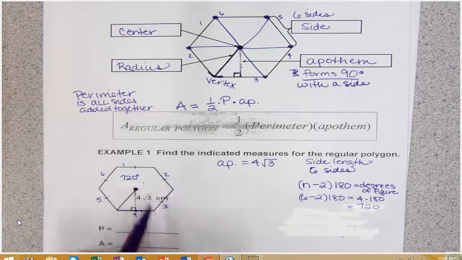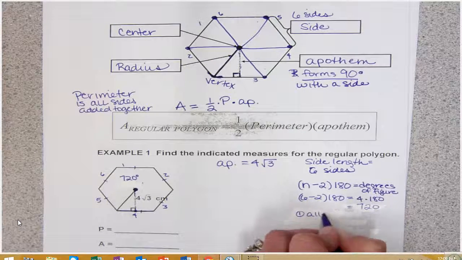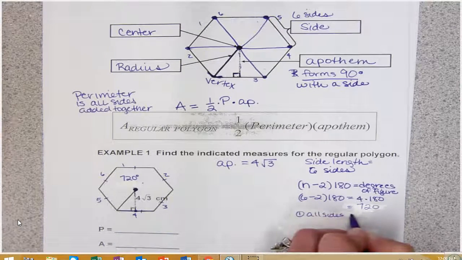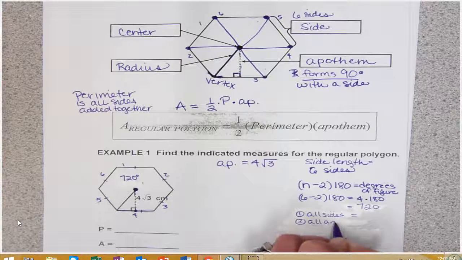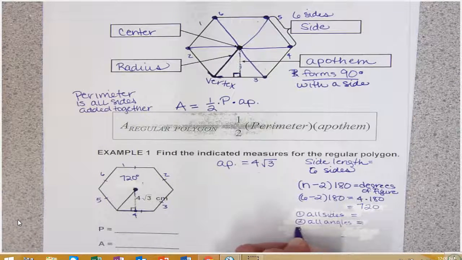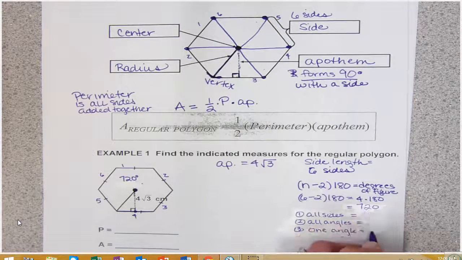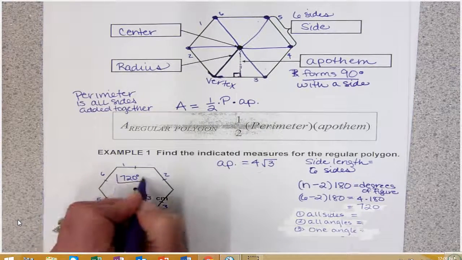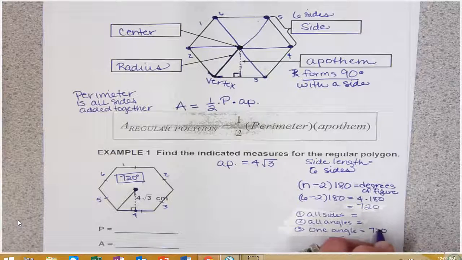I know that all the sides are the same. Since all sides are congruent, all sides are equal, therefore all angles are going to be equal. So to find one angle, I can take 720 and divide it by the number of sides, right?